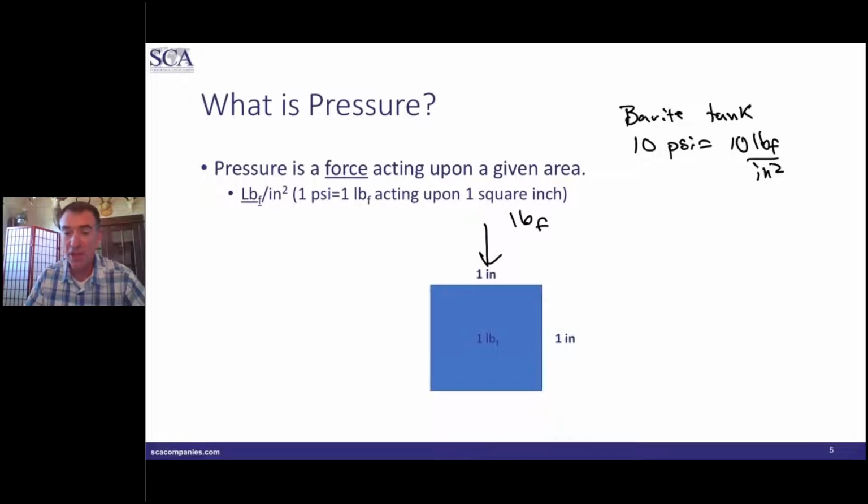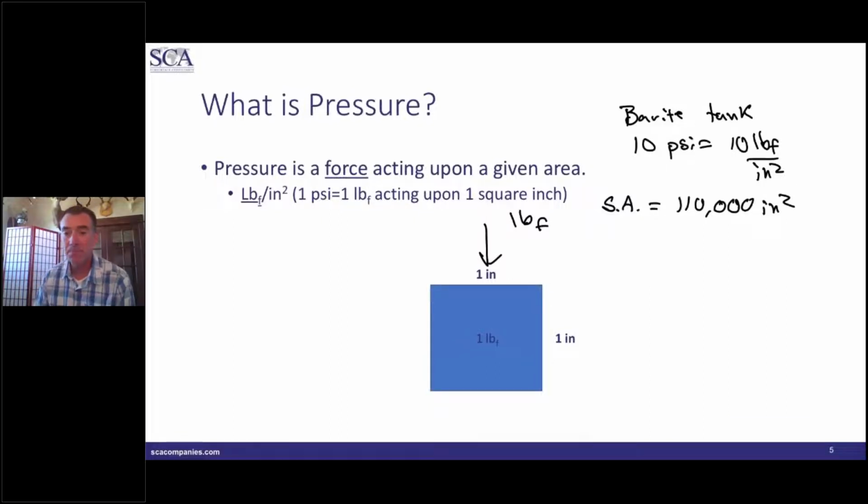But the thing about pressure is it is force per surface area. So if I have a Bayrite tank, and I did a quick calculation, and the surface area of that Bayrite tank is roughly 110,000 inches squared.